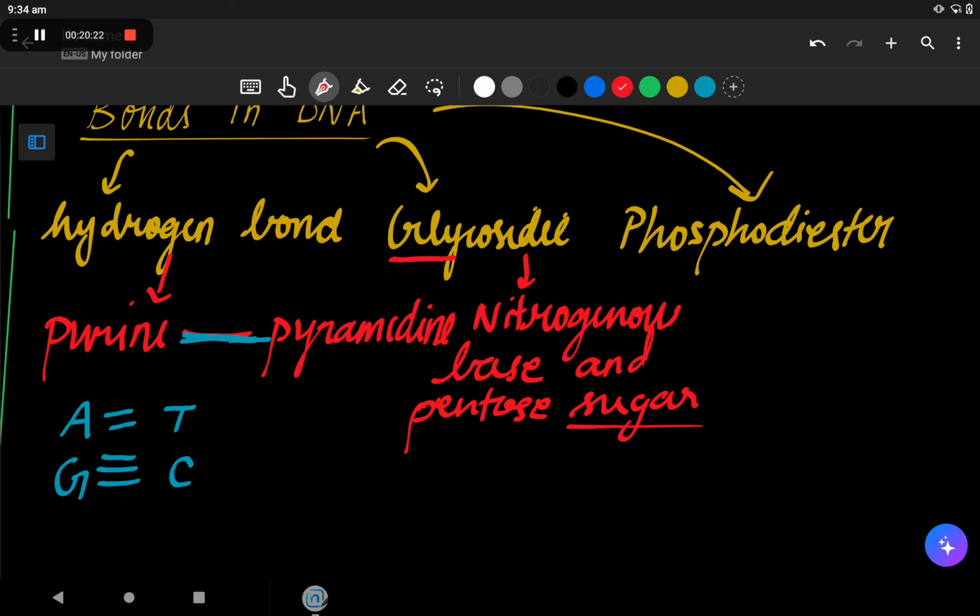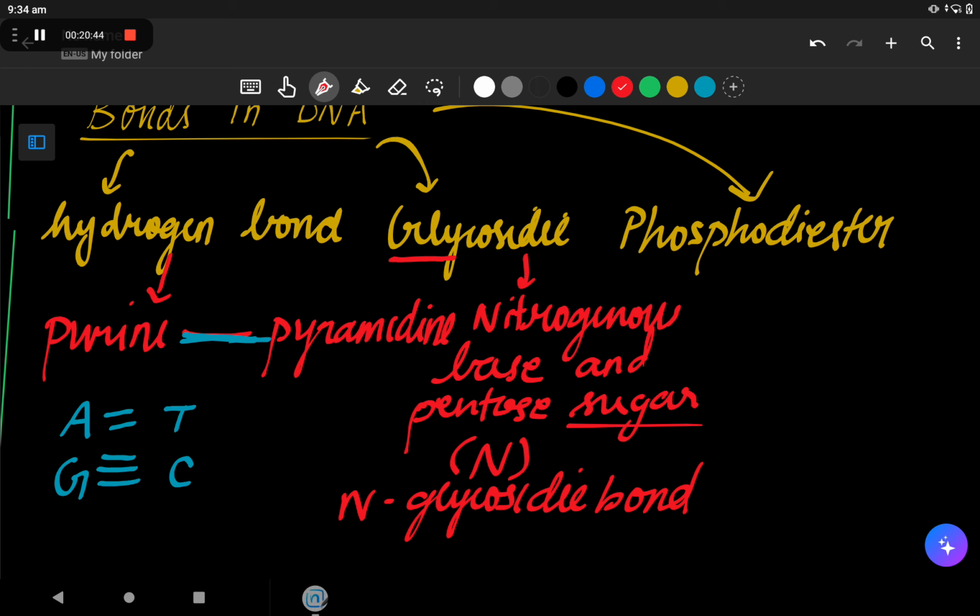So with sugar you are bonding a nitrogenous base, that is known as glycosidic bond. So the one carbon of the sugar molecule is bonded with nitrogen atom. Therefore we can call it N-glycosidic bond or glycosidic linkage.